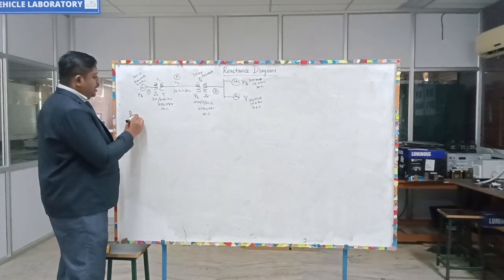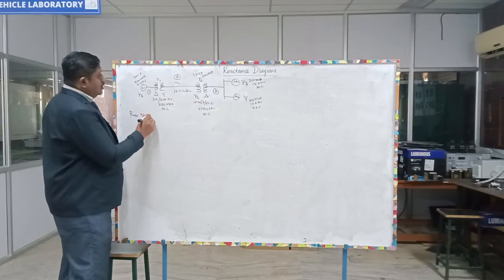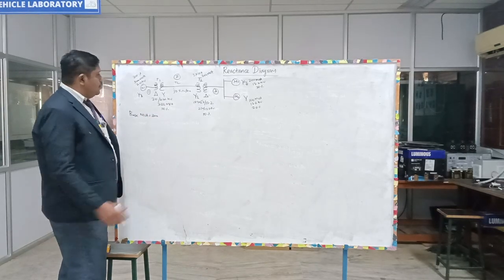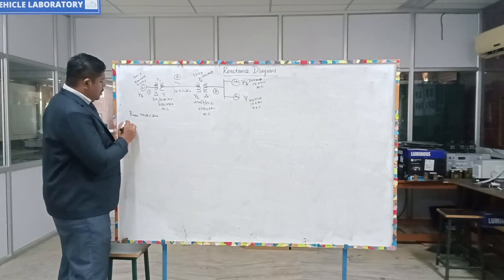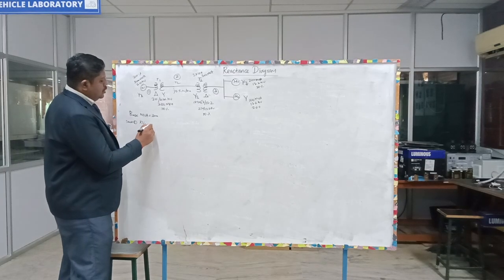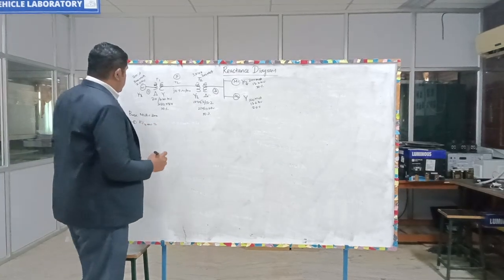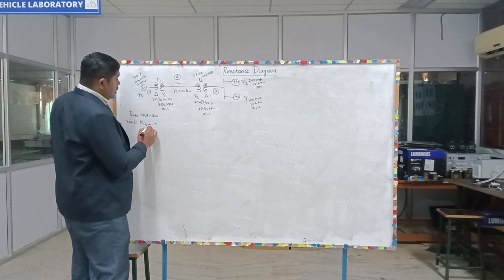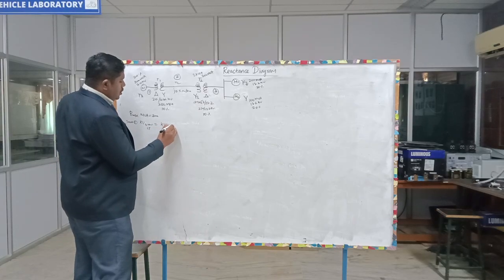So base MVA as 300 will be considered throughout the problem. First we calculate kV base new on section 1.